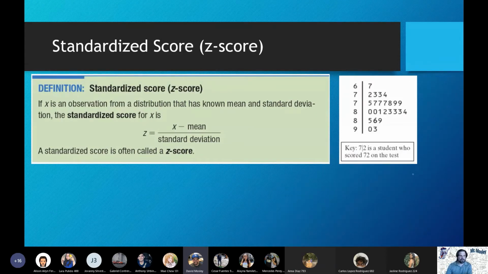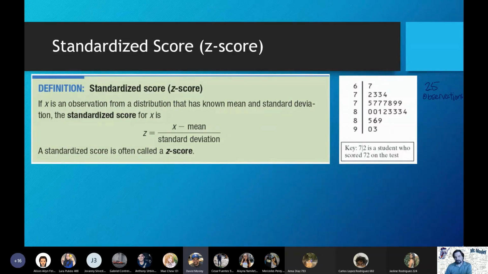So we have 25 observations, and we need the mean and the standard deviation.